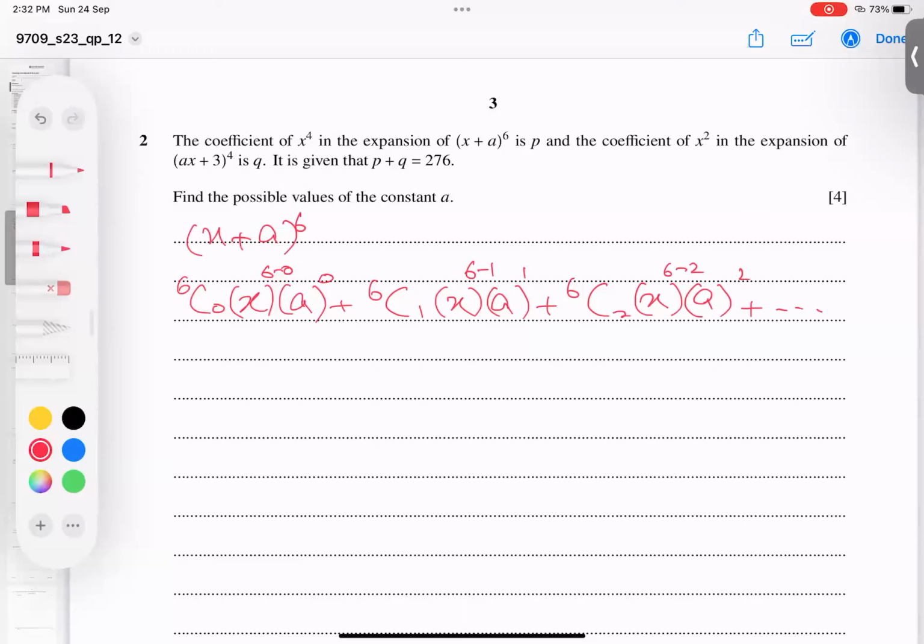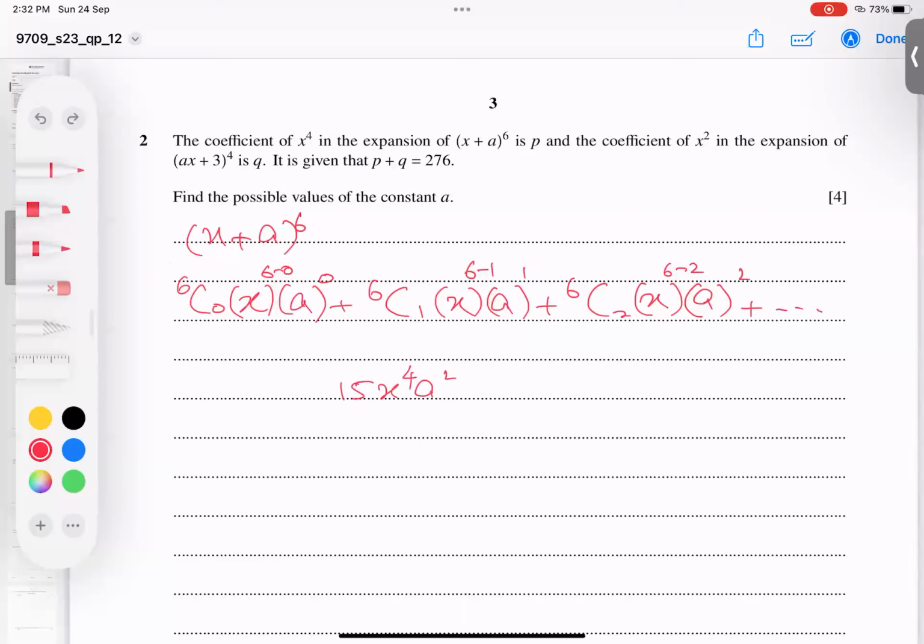So no need to waste our time because he said that the x^4 coefficient is p. So I will just type this in the calculator. Okay, and 6C2, you know it very well, is 15. So I'm writing 15, and 6 minus 2 is 4, x power 4 and a squared. So I have no need to solve these values.